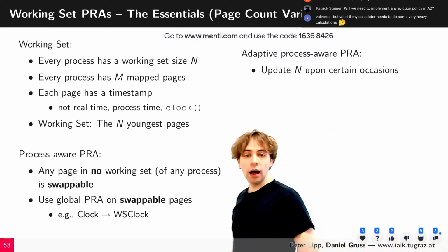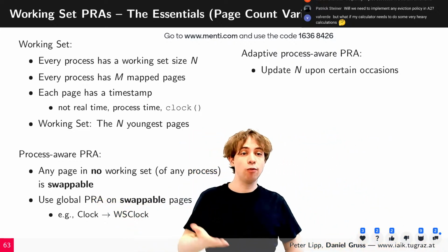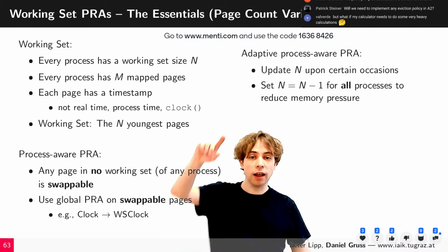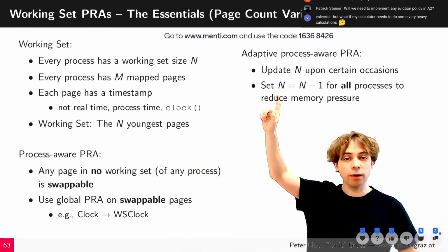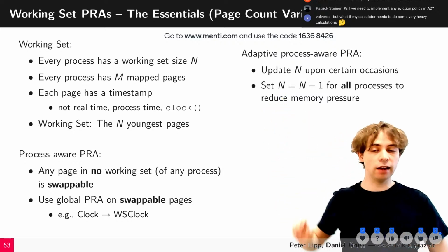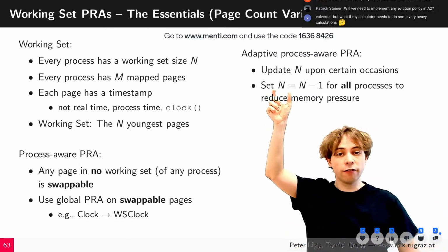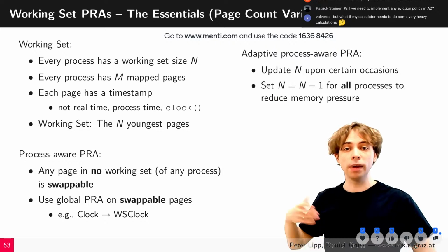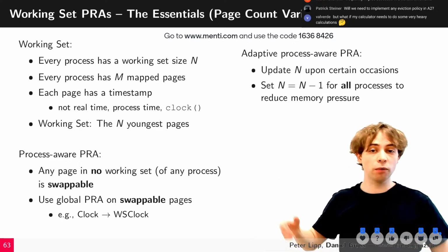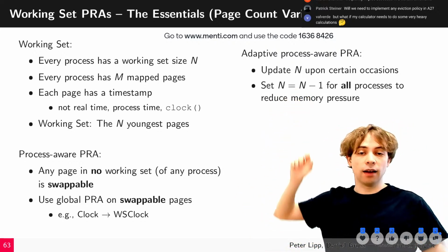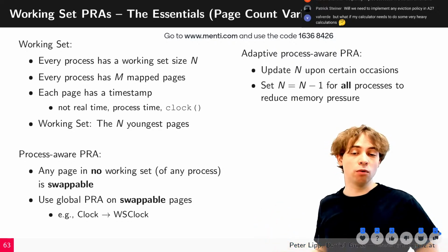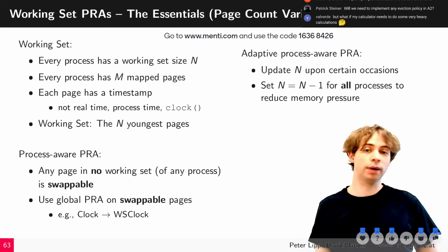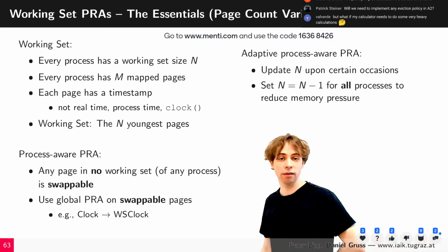For instance, as we've seen on the previous slide, if we have memory pressure, then we can set n to n-1 for all processes. But keep in mind that every process has a separate n here. So for GTA 5, this might be a few million or a few 100,000, and for our calculator, this might be just a few tens of pages.